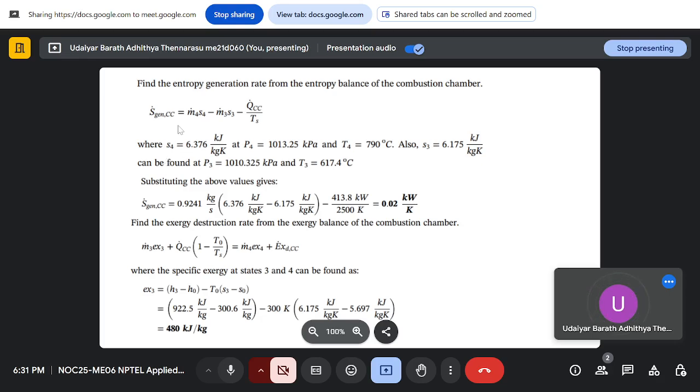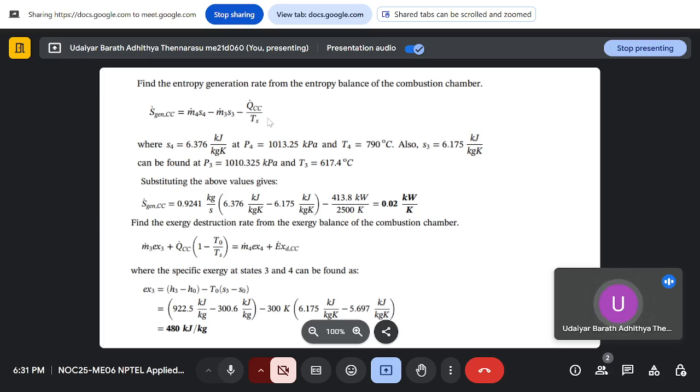So S4 is 6.376 kilojoule per kg Kelvin for this pressure and temperature, and S3 is 6.175 kilojoule per kg Kelvin for the same pressure and temperature. Substituting the values here, and your source temperature is 2500, the entropy generated will come out to be 0.02 kilowatt per Kelvin.